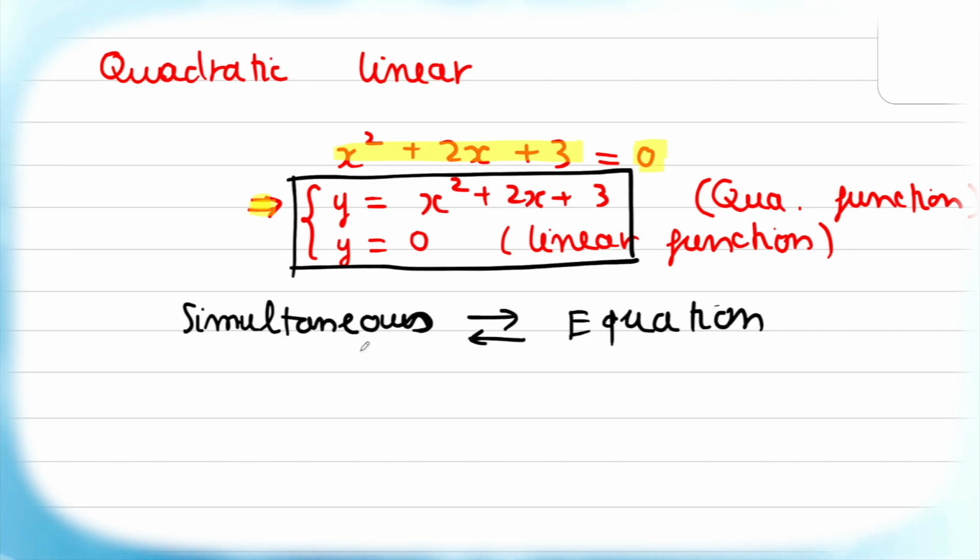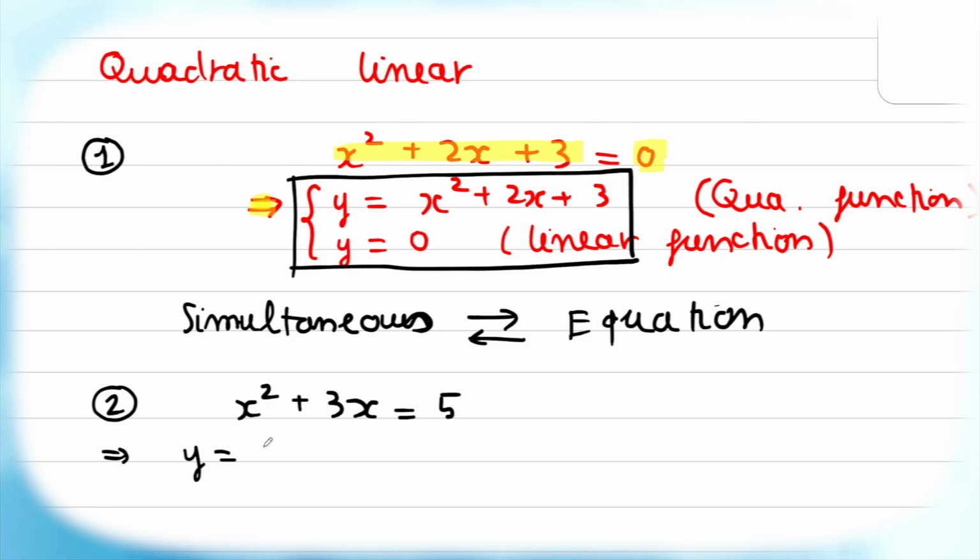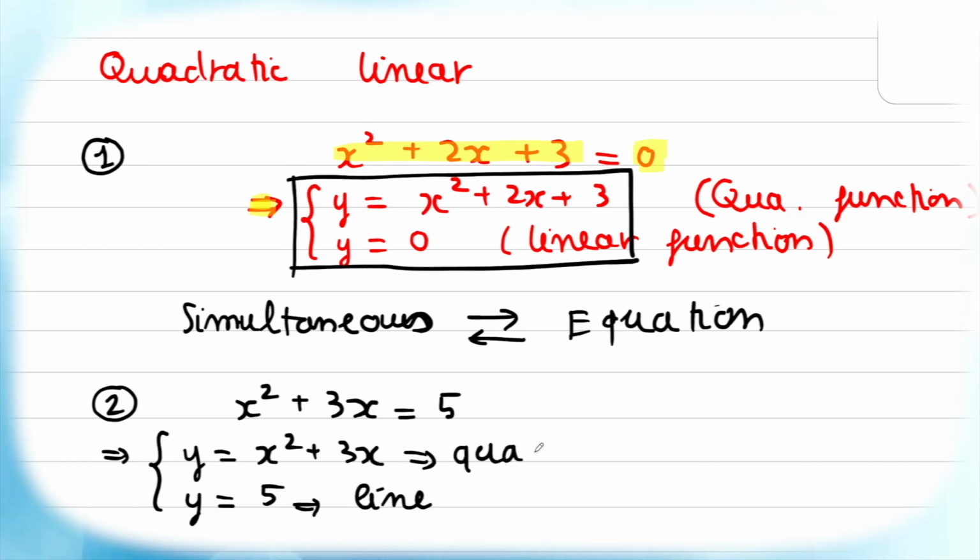That is the two ways of converting between a simultaneous equation and an equation. For the second example, we have x squared plus 3x equal to 5, so I can convert this to a simultaneous equation between quadratic and linear. The first one is y equal to x squared plus 3x, and the second is y equal to 5. Here is a line, and here is the quadratic equation, or parabola.